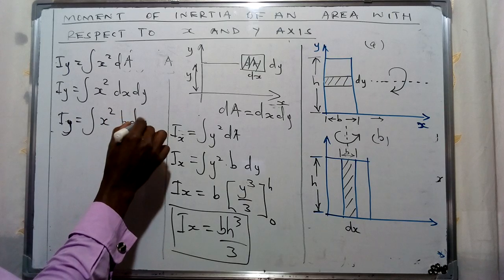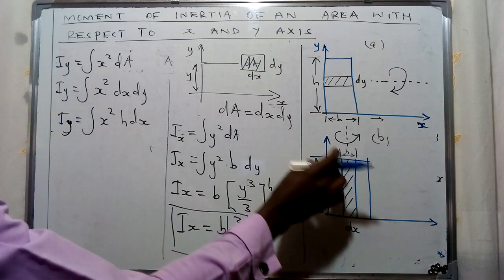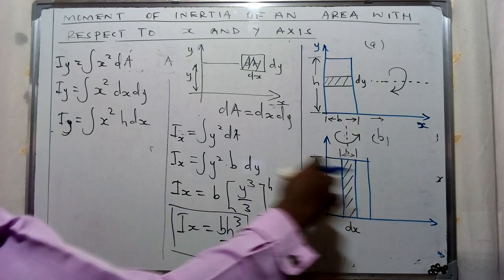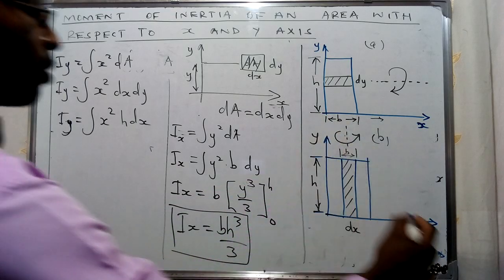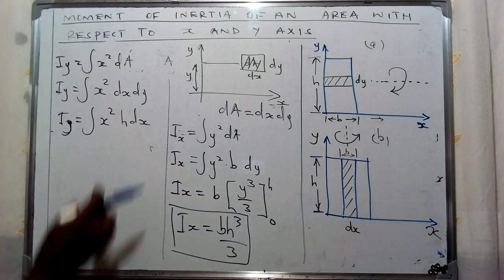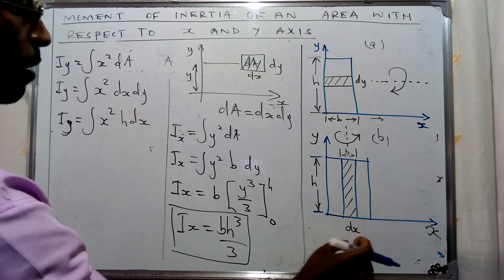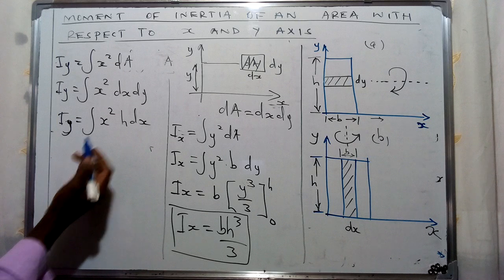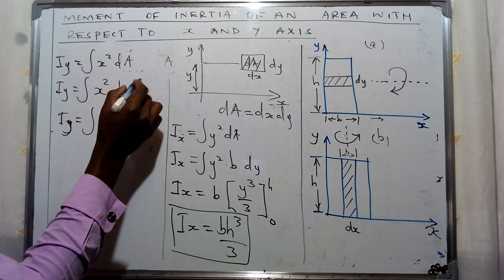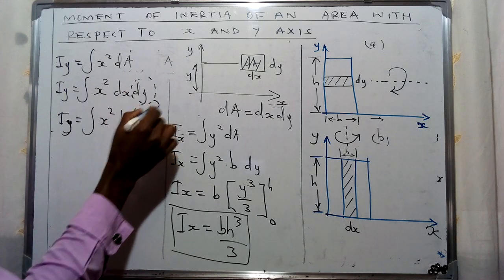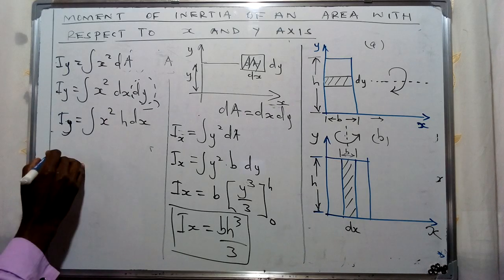I've chosen y, so this is going to be a rotation along the y-axis. We define this using a strip chosen as the difference over dx, and therefore we have dy chosen in terms of the h which I've given.